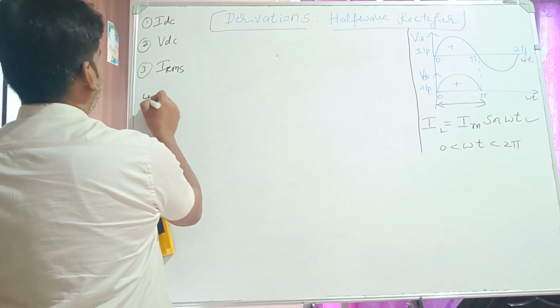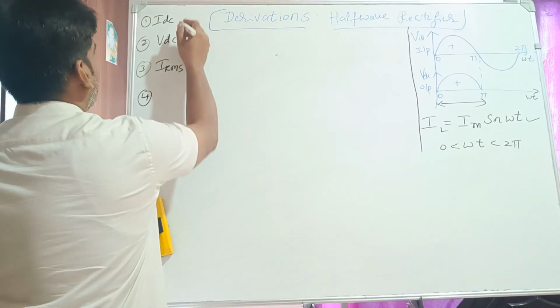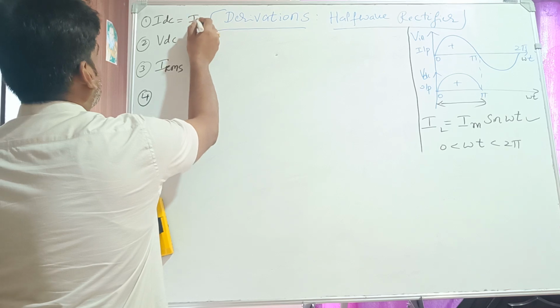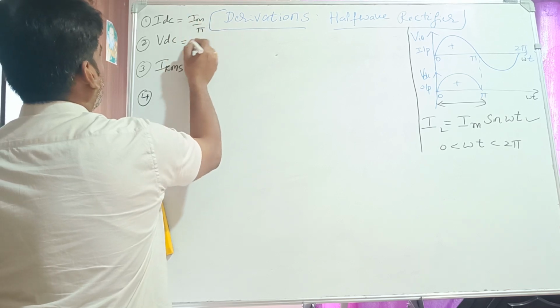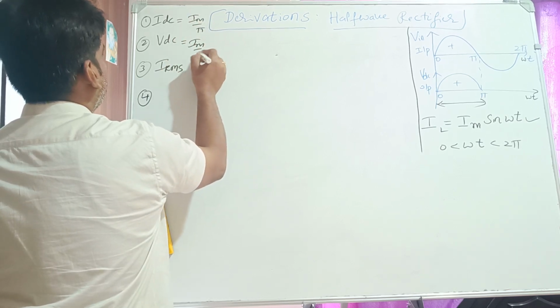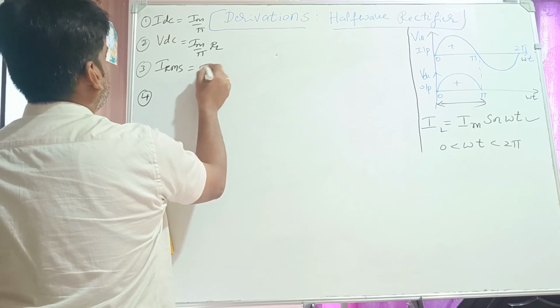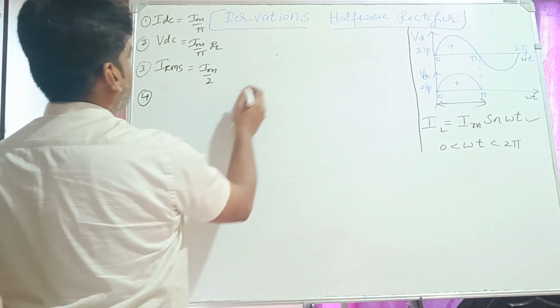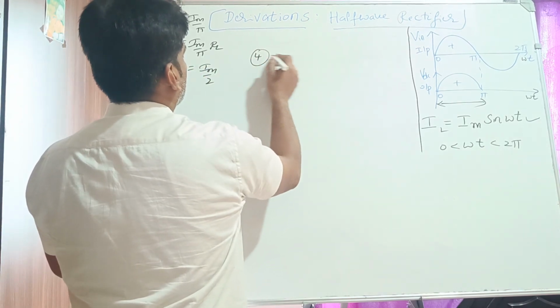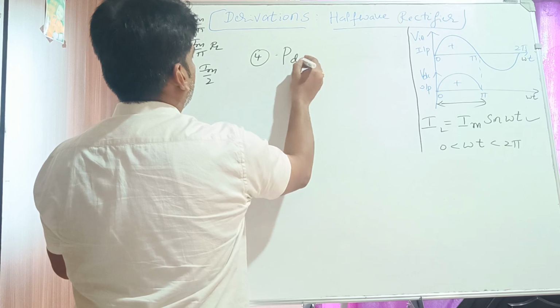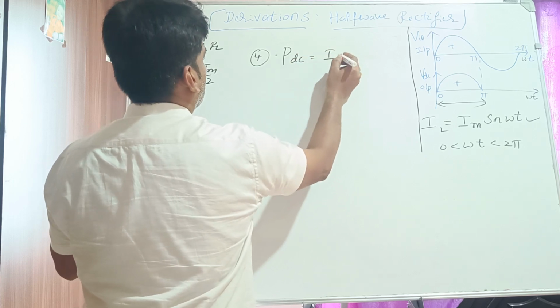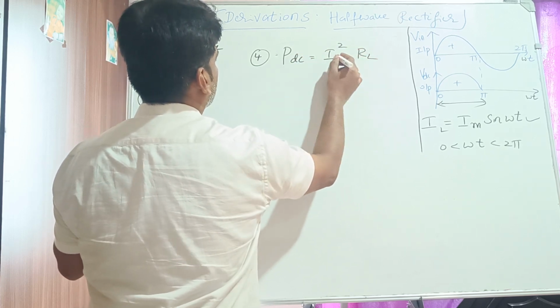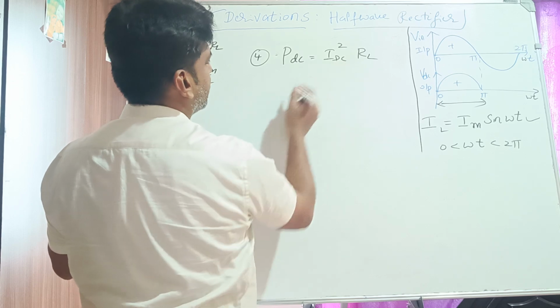So we have calculated what is IDC, Im by pi. It is Im by pi into RL, right? It is Im by 2. Now we are calculating what is power with respect to DC. So how to write power? I square into RL. Since it is DC, we can write it as IDC square into RL, right?